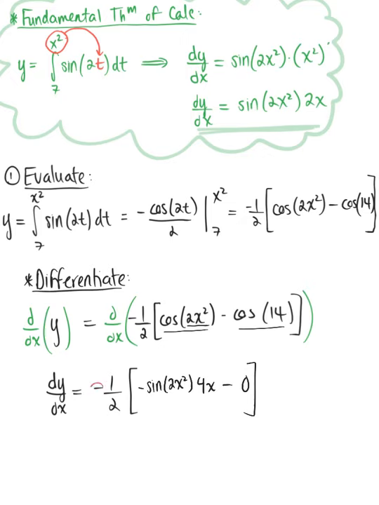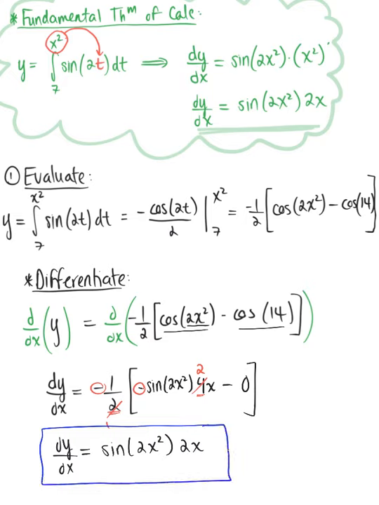And we can simplify. We have a negative multiplied by a negative to give us a positive. And we know that the 2 in the denominator will go into 4 in the numerator 2 times. This leaves us with dy dx equal to positive sine of 2x squared multiplied by 2x, which is what the fundamental theorem of calculus told us.